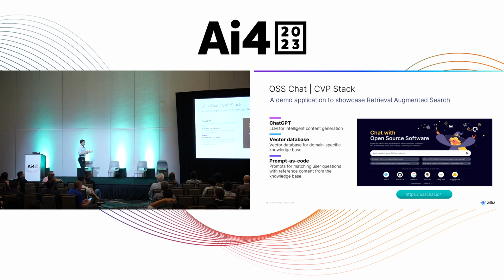In particular, OSS Chat indexes documentation for a lot of open source projects, and it allows you to answer questions about those documents as if it was just regular ChatGPT, right? One of my favorite things to actually prompt OSS Chat with is I like to ask it, how do I query in Milvus? Milvus being a database.